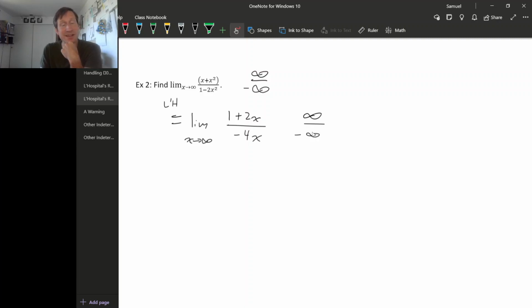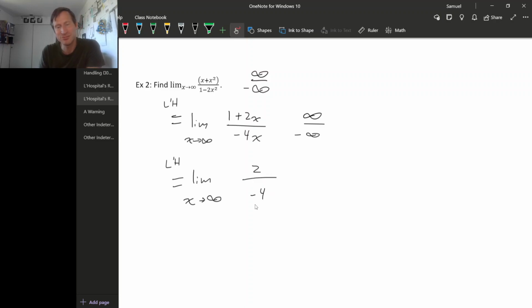So this is still indeterminate, but we can use L'Hopital's rule again. Using L'Hopital's rule repeatedly doesn't always produce a result after finitely many steps, but sometimes it does. And in this case, it certainly will, because we're dealing with polynomials, so eventually we're going to run out of degrees. Okay, so taking another derivative in our numerator, we get 2. And taking a derivative in our denominator, we get minus 4.